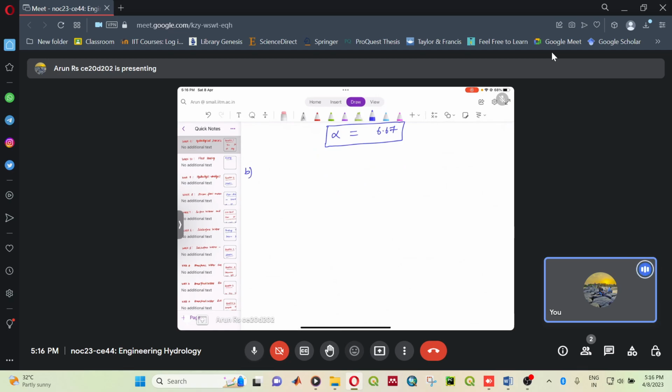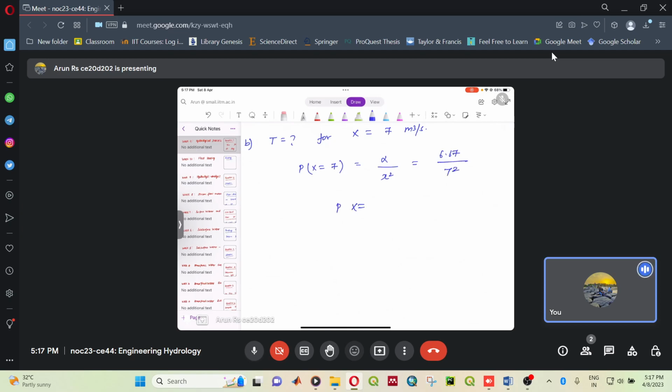The second part is we need to find the return period for a flow of 7 meter cube per second. So we have the probability density function. We can just substitute x equal to 7. So that is alpha by x square, 6.67 divided by 7 square.